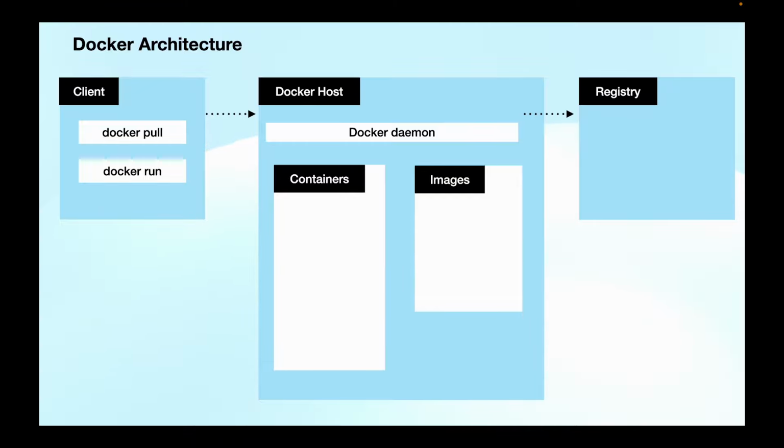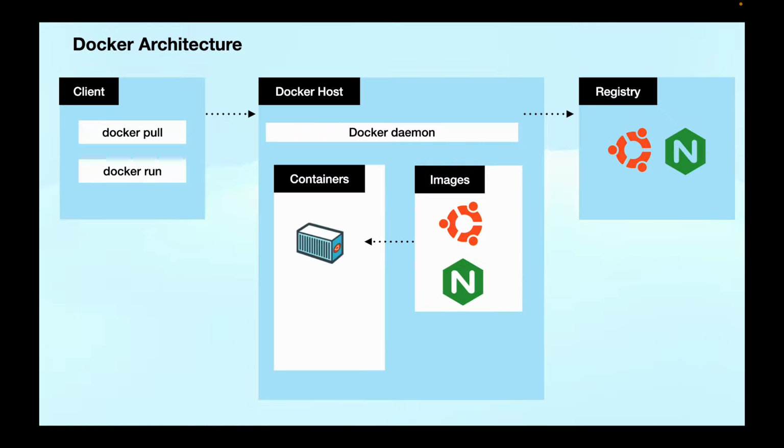The Docker daemon will interact with the registry to pull images from the registry, and these registry images will be run as containers in the Docker host. So in the background, this is what happens when you run a docker command.